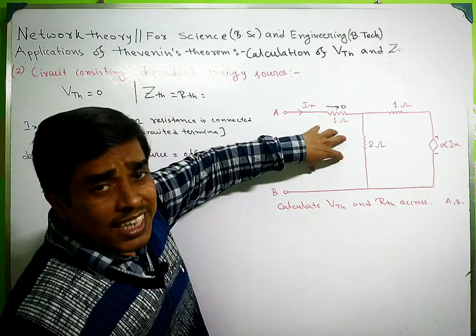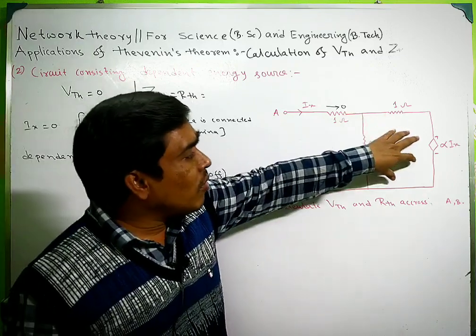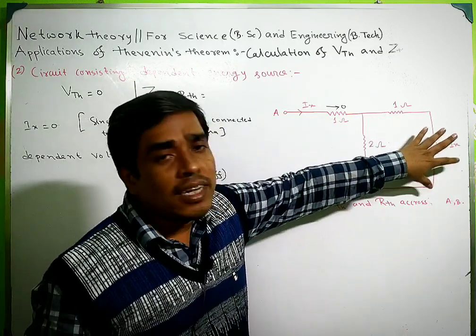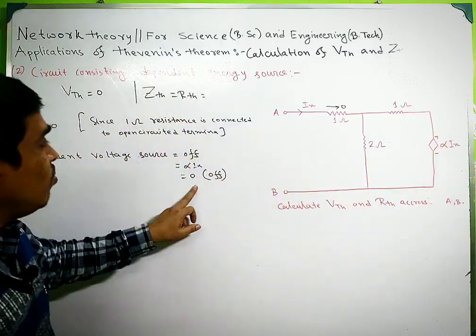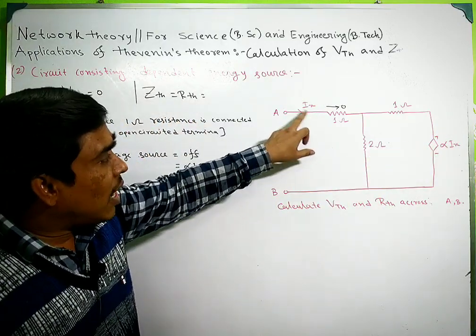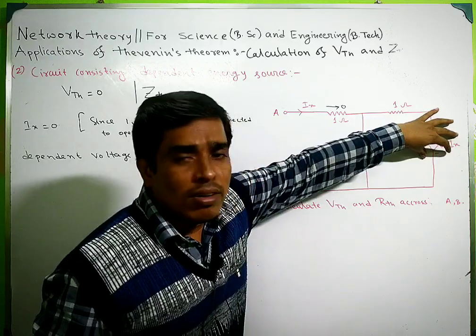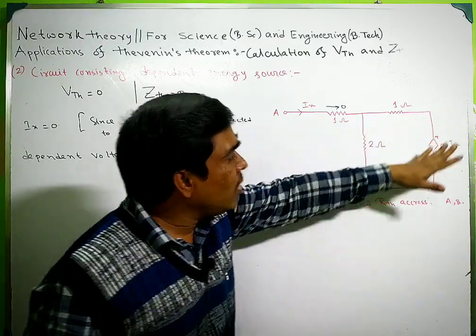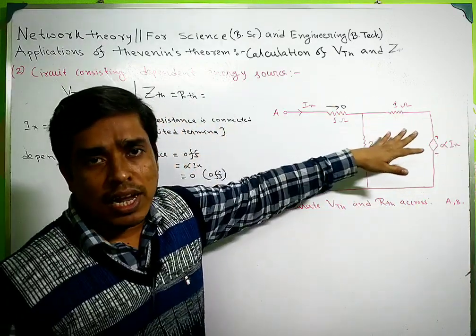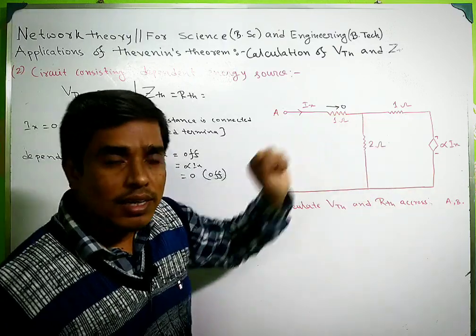So this circuit does not contain any active source. If Ix is 0, that means this is off, and if this is off, there is no active voltage source in this circuit.